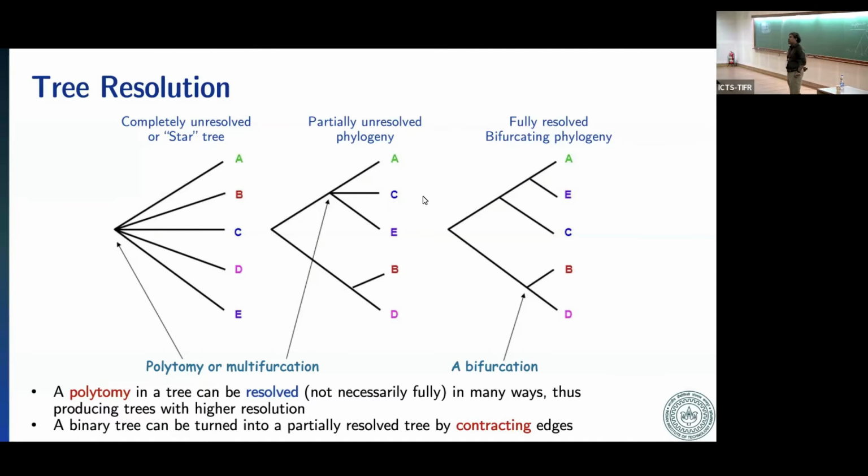Now, why can these polytomies actually occur in practice? Let's say you have a bunch of sequences for which it is very difficult to say that A and C are closer to each other as compared to E, or that C and E are closer to each other as compared to A, because you probably do not have enough signal in the data.